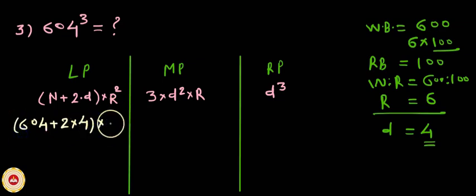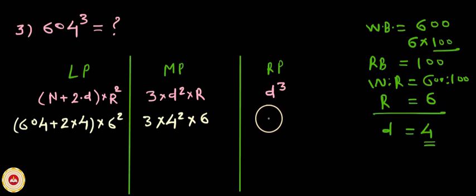Okay, multiplied by r square, ratio square. That is 6 squared. Middle part, 3 multiplied by d squared. What is d? 4. 4 squared. Multiplied by r, that is 6. Now right part is d cubed. What is d? 4. 4 cubed.